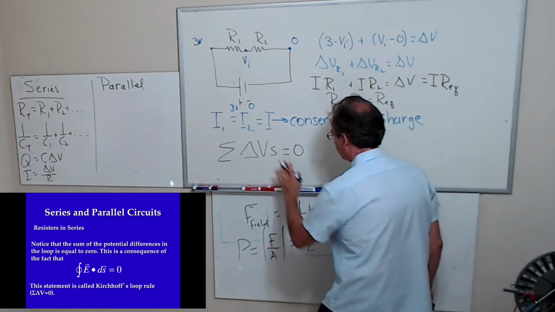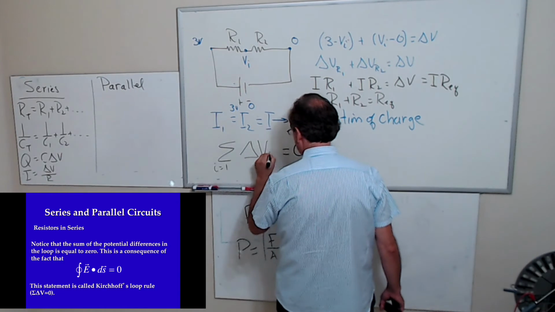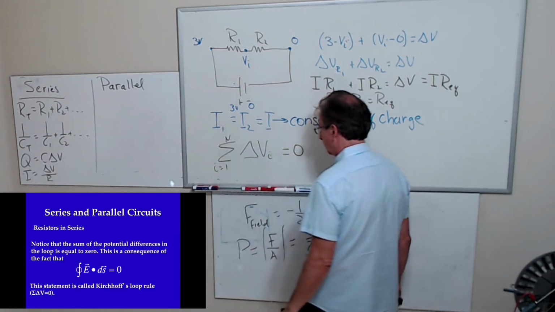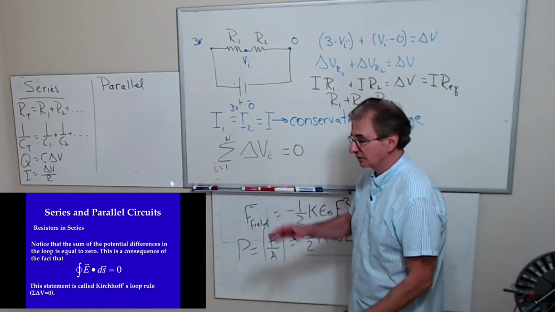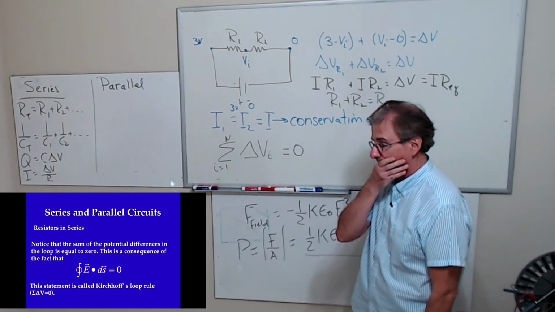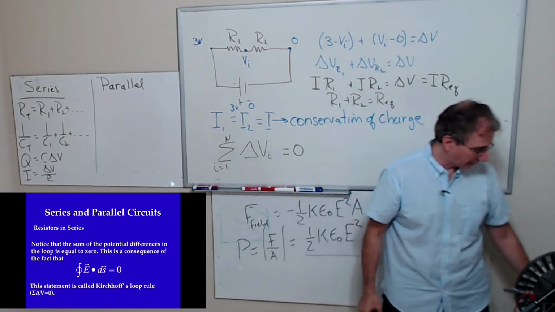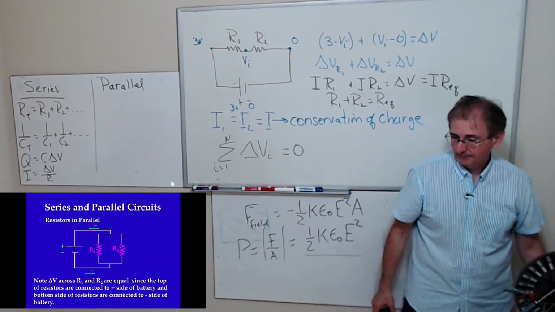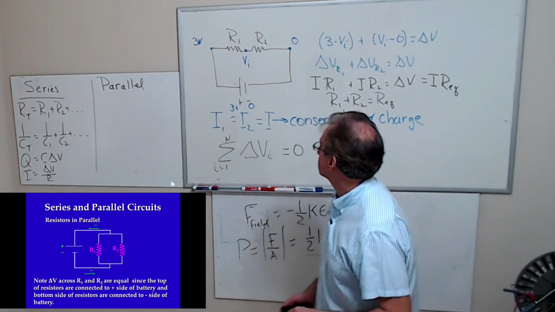And if I write it more formally, the sum of the voltage drops in the loop is equal to 0. That's Kirchhoff's loop rule. And we're going to make use of this next time, not today. Now, what if we have 2 resistors in parallel?